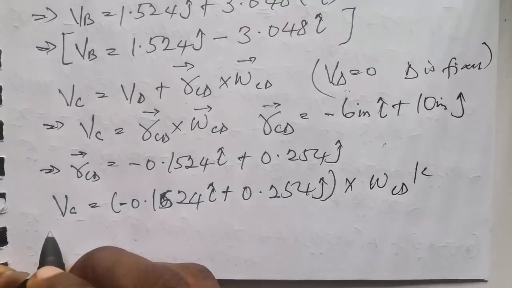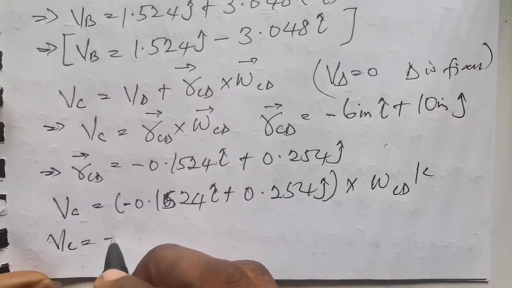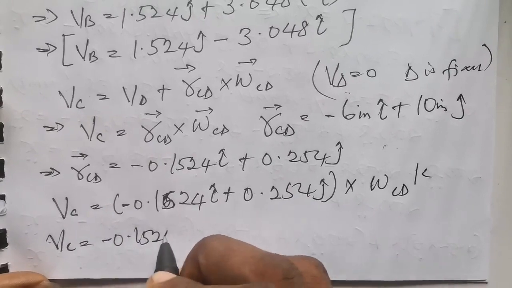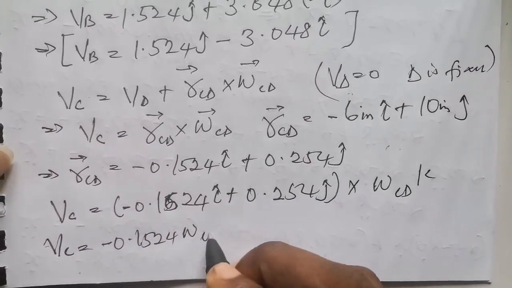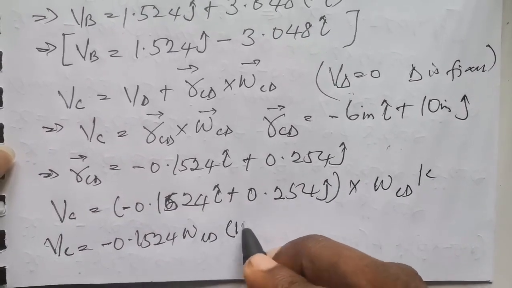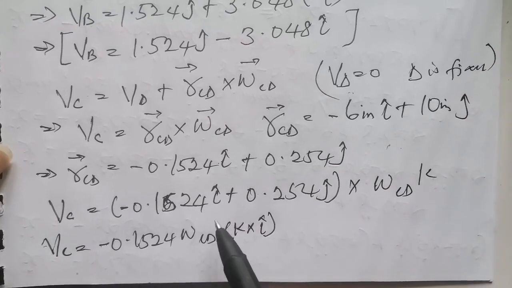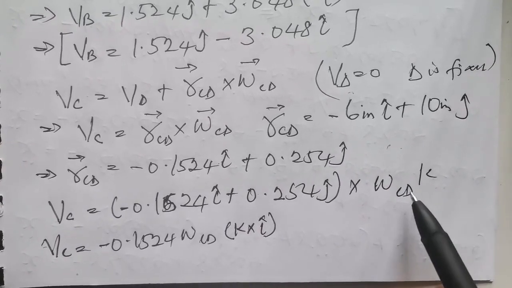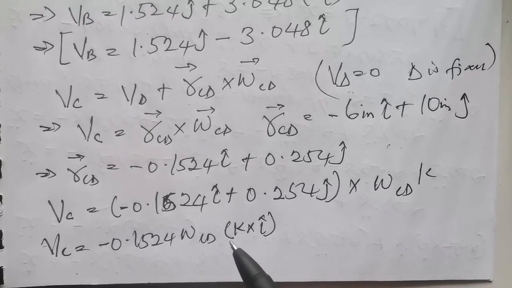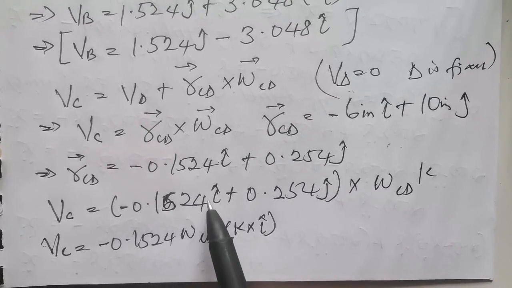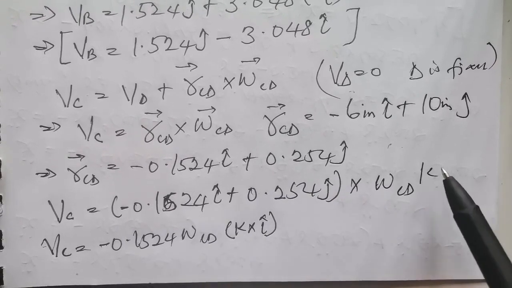So VC is equal to minus 0.1524 multiplied by omega CD. Now we have K crossing I. Now, mind you, you can also do I cross K, although there is going to be a difference in sign, but it doesn't really play much importance. But you can simply do I cross K, depending, of course, on this order.